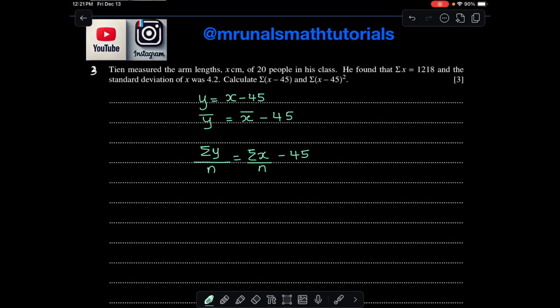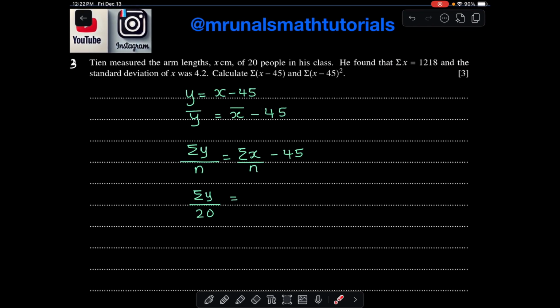I'm writing down all the steps for you. So sum of y is what we are interested to calculate. N is 20. Sum of x has been given to us in the question, which is 1218. So 1218 divided by 20 minus 45.